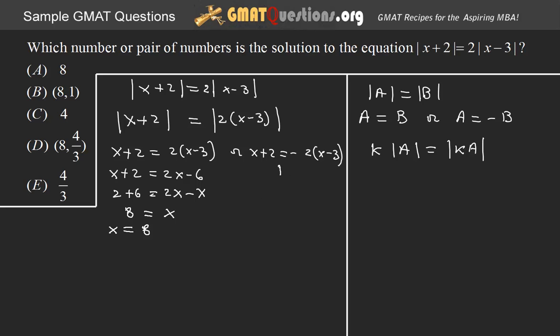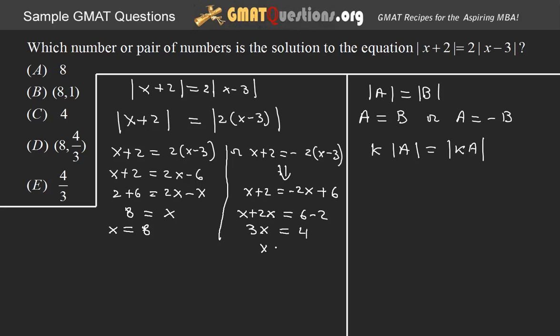For this case, we're going to have x plus 2 going to be equal to, we have a negative sign here, be careful, negative 2x plus 6. And we're going to put x plus 2x is equal to 6 minus 2. 3x is going to be equal to 4.